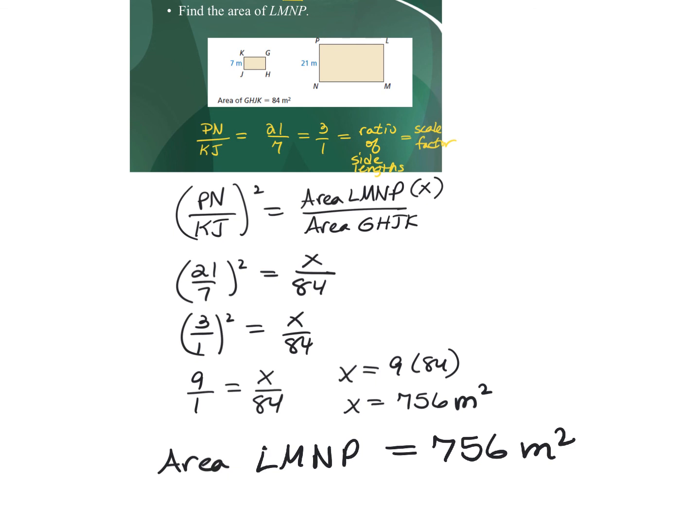So remember, you just take the scale factor or the side length ratio and you would square it, and that will give you the ratio of their areas. So we're using proportions in this chapter to find the missing side lengths, because the side lengths are no longer congruent, they're proportional. And that is it for the notes on 8.1.